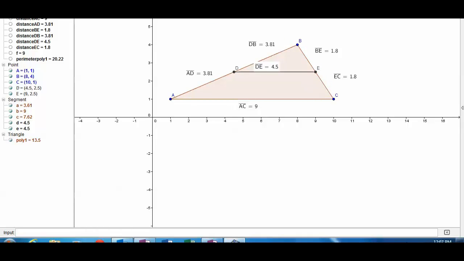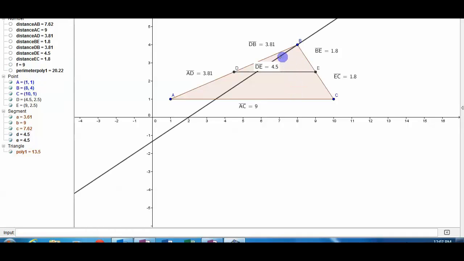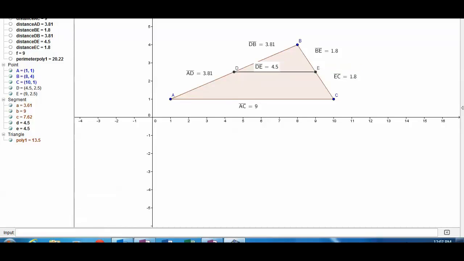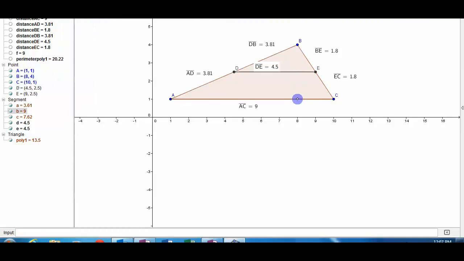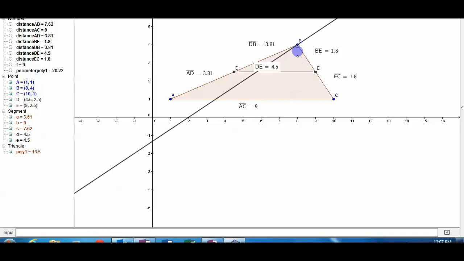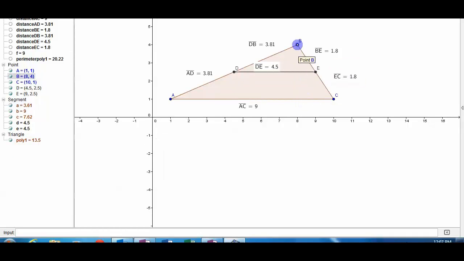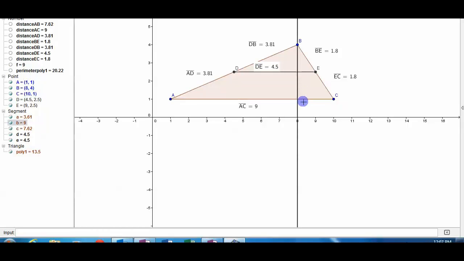Okay, any more properties? Well, do you remember how to calculate the height of a triangle? You need to find the top vertex, which is B, and calculate the perpendicular distance to the line segment AC. There we go.